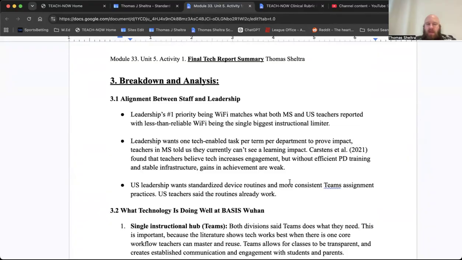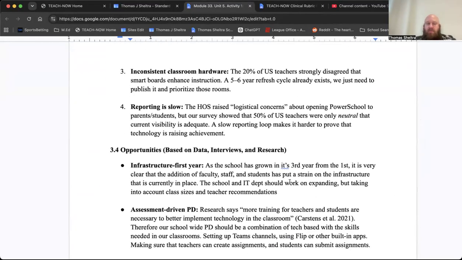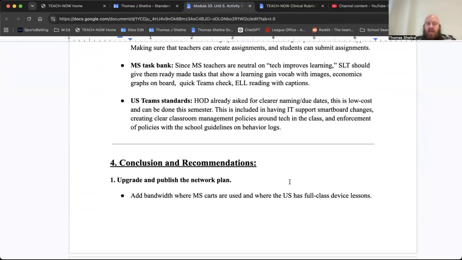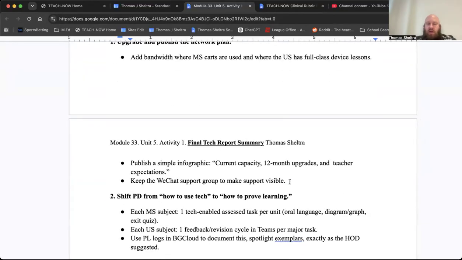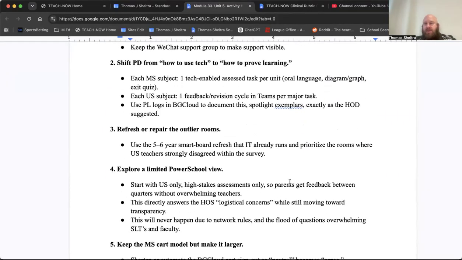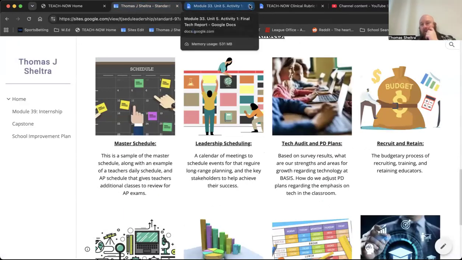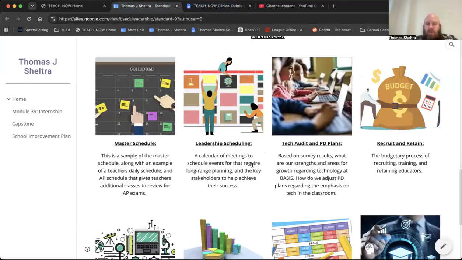And then part of that tech audit was to create a PD structure where we can help existing teachers and new teachers with the technology that we use, and hopefully consolidate some of those tools.